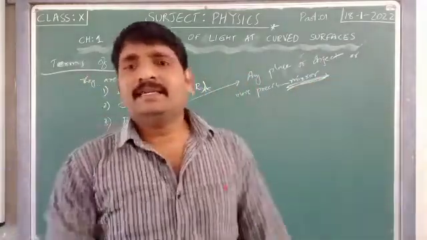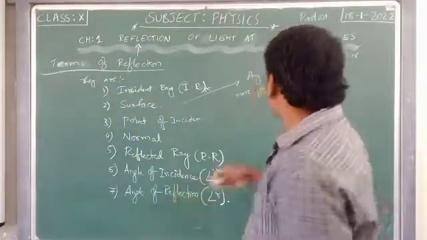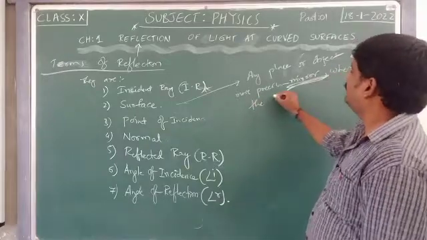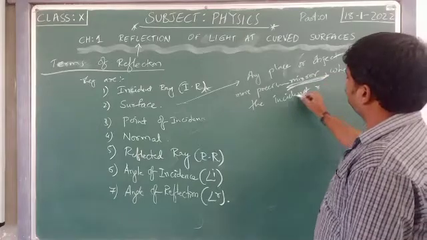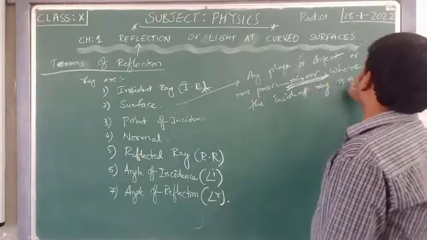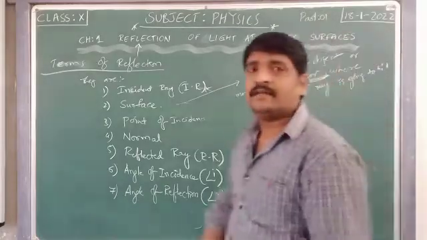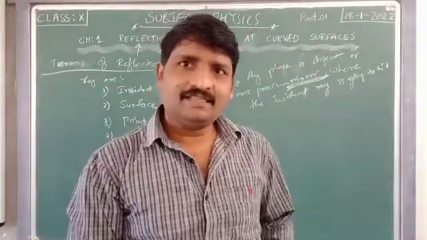Mirror can be considered as surface, where the incident ray is going to hit. Of course, the same concept we are going to use at the point of incidence also.